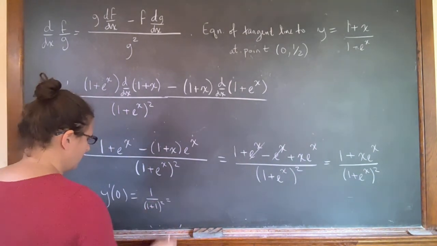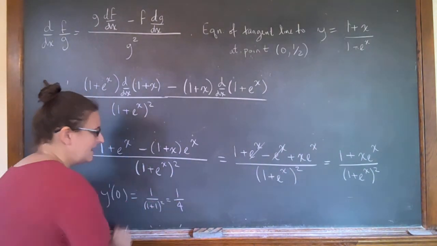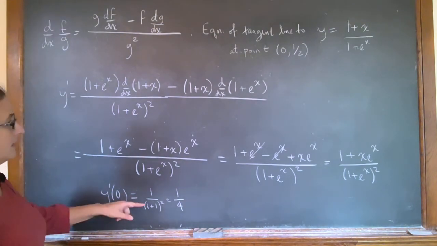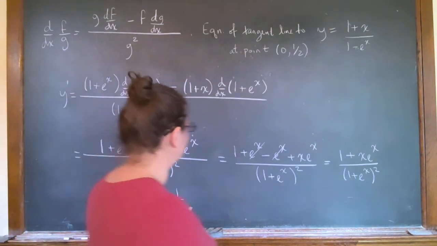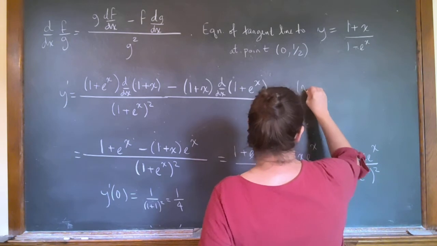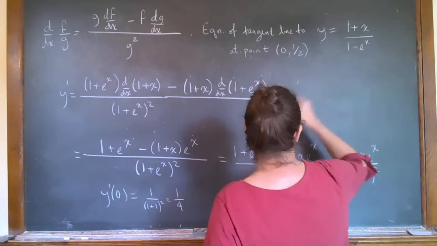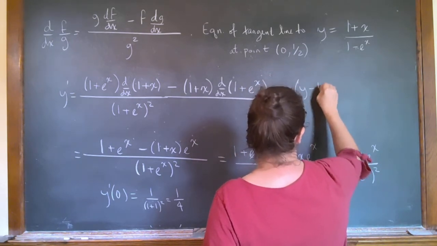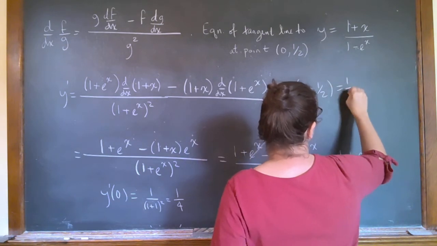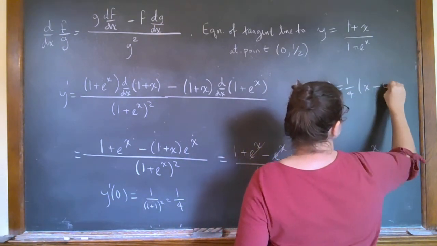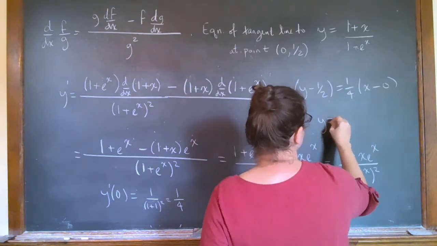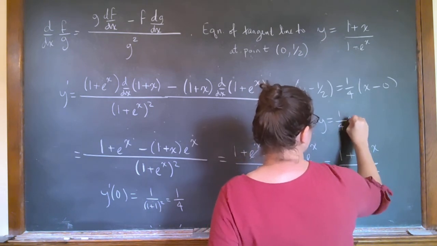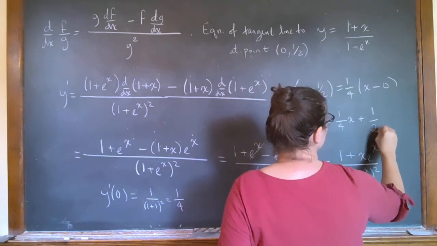So I end up with 1/4. And then I'm going to make the equation of the tangent line. So here I've got, I'll put it up here so we can see better. y minus 1/2 is 1/4 times x minus 0, or my final answer, 1/4 x plus 1/2.